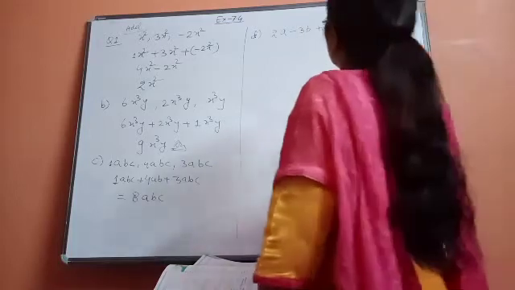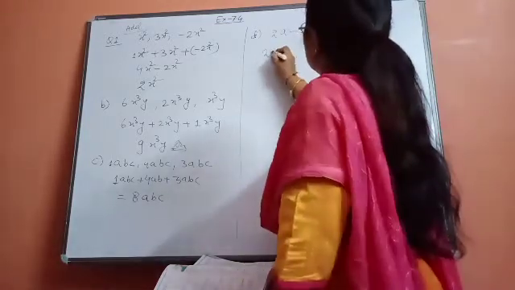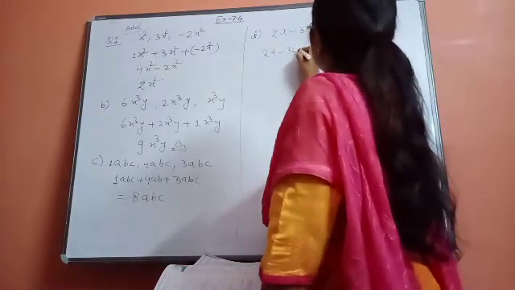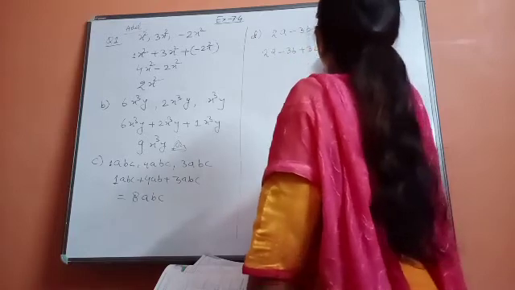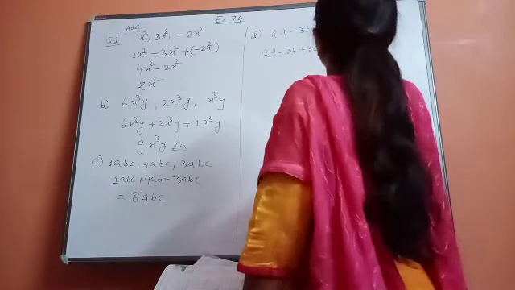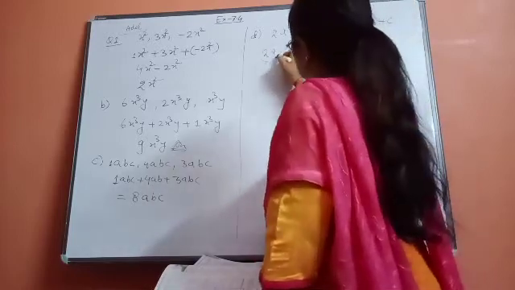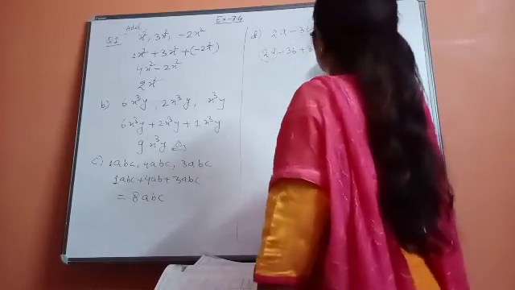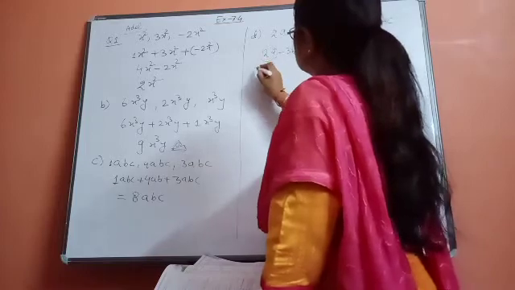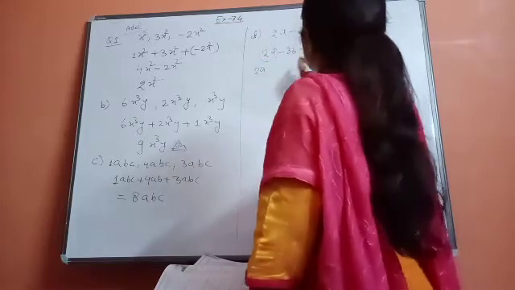Okay, write that: 2a minus 3b plus 3c plus 3a minus 2b plus c. Better see that this and this are like terms, so you can write them together. This is 2a and this is 3a.